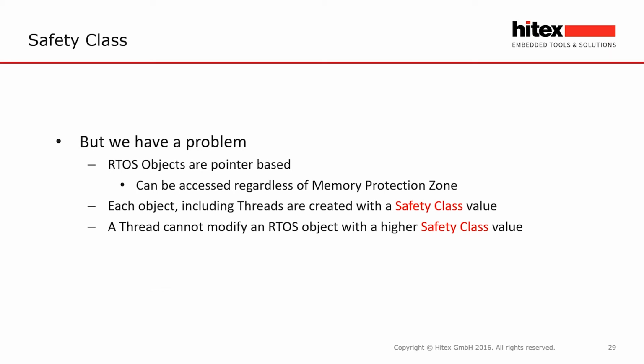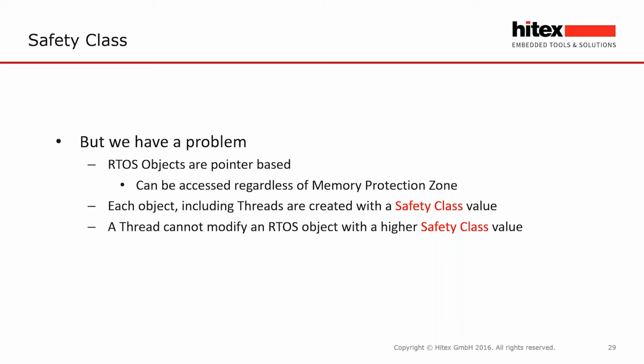Okay, so that gives us memory protection zone. So as each thread's running in its sandbox, it can only access its own resources. But there's still a bit of a further problem in that all of our RTOS objects, like mail queues, event flags, etc., are accessed via pointers rather than addresses. So we could accidentally bypass the memory protection zone. So there's another feature within the functional safety version of RTX, and this allows us to define each thread with a safety class.